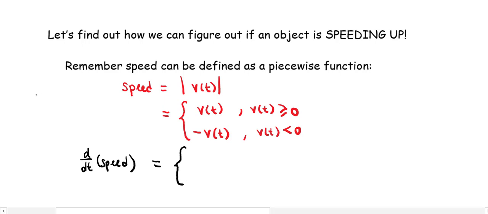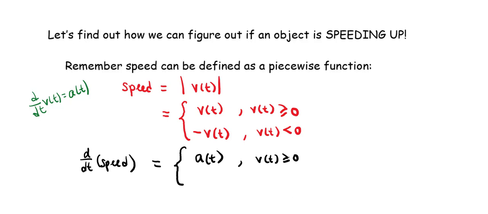You remember from Unit 2, the derivative of velocity is, you guessed it, acceleration. So the derivative of velocity is acceleration, and this is the case when the velocity is bigger than 0. And the derivative of negative velocity is negative acceleration, which is true when the velocity is less than 0.